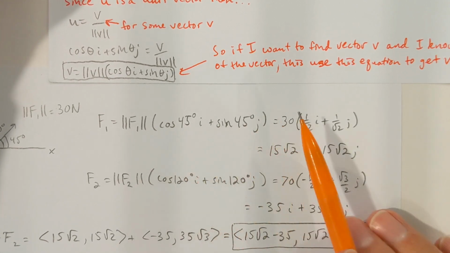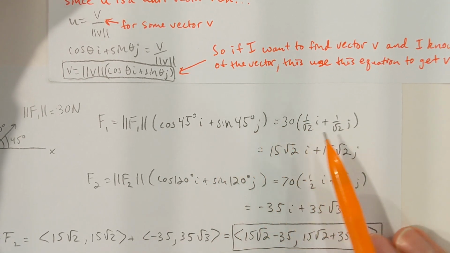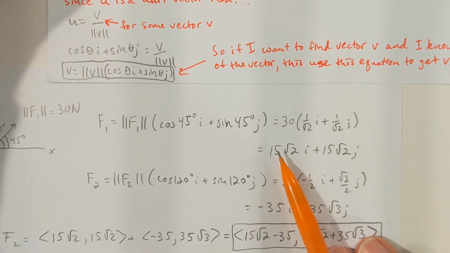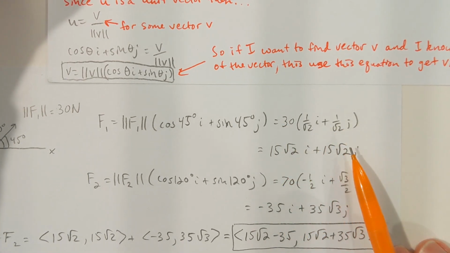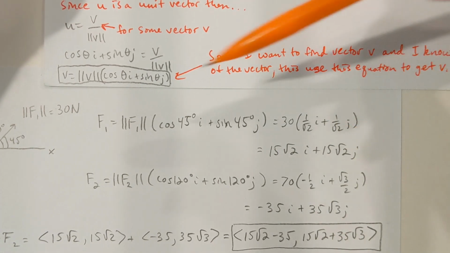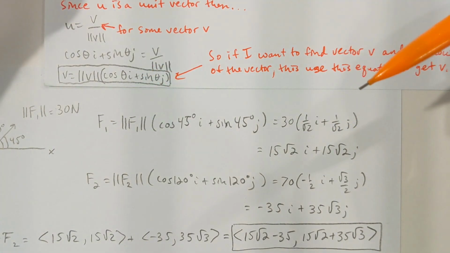Cosine of 45 degrees is 1 over root 2. Sine of 45 degrees is also 1 over root 2. Distribute the 30 there, and you can rationalize the denominator. So 15 root 2 i plus 15 root 2 j would be the vector F1.